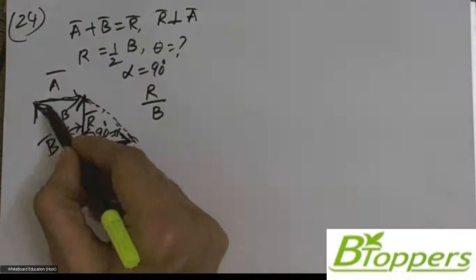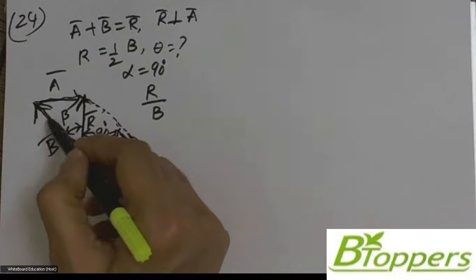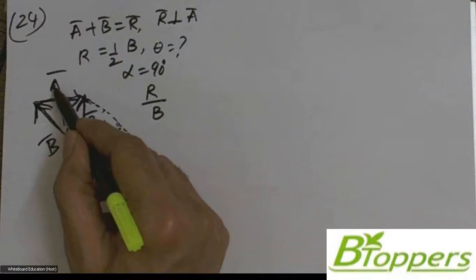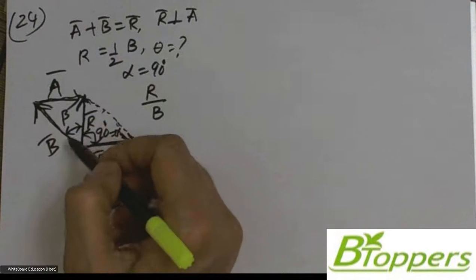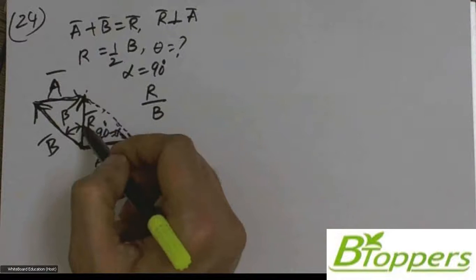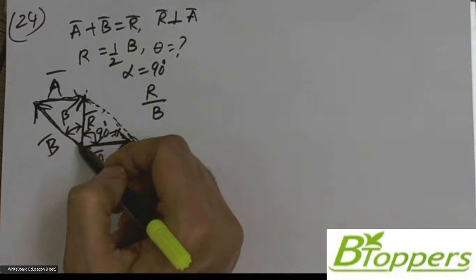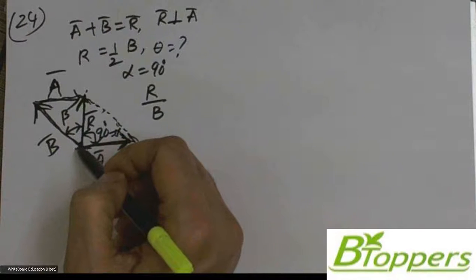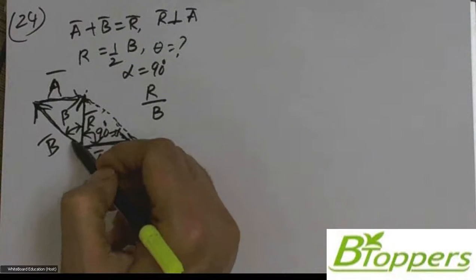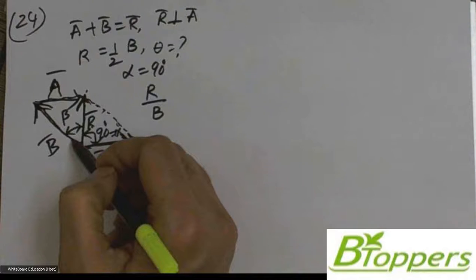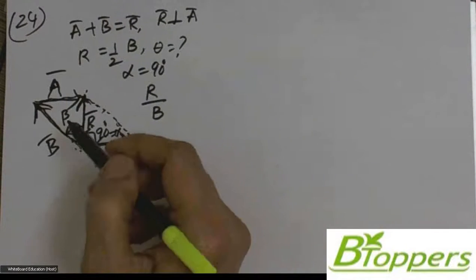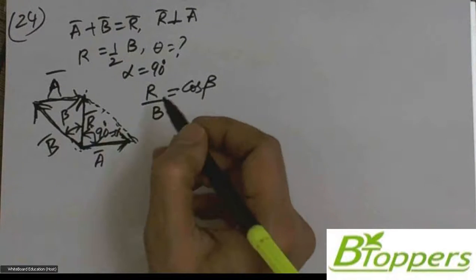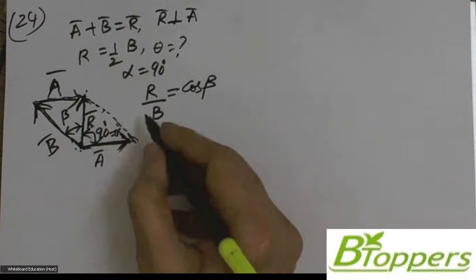In this right triangle, length of side opposite to beta is A. Length of side adjacent to beta is R. Length of hypotenuse is equal to mod of B bar or B. So R by B, adjacent side by hypotenuse, will be equal to cos beta. We are given that R equal to half B.